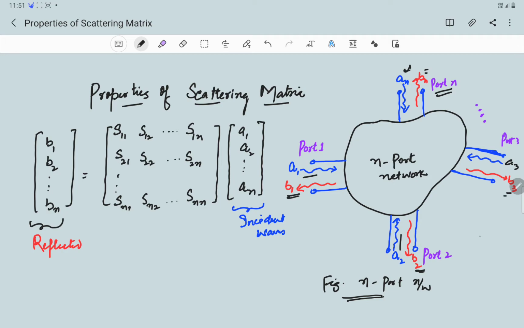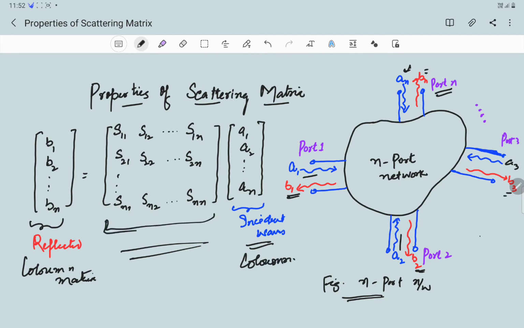So the relationship between the reflected and incident waves is shown here. The reflected matrix is a column matrix, and the matrix corresponding to incident waves is also a column matrix. In between these two, they are related to each other by what is called a scattering matrix.